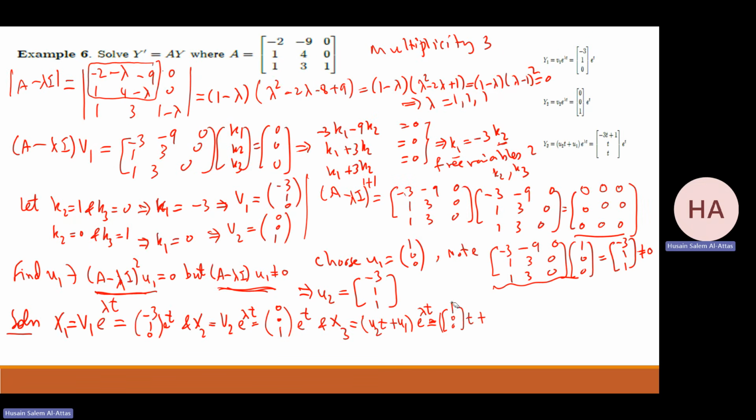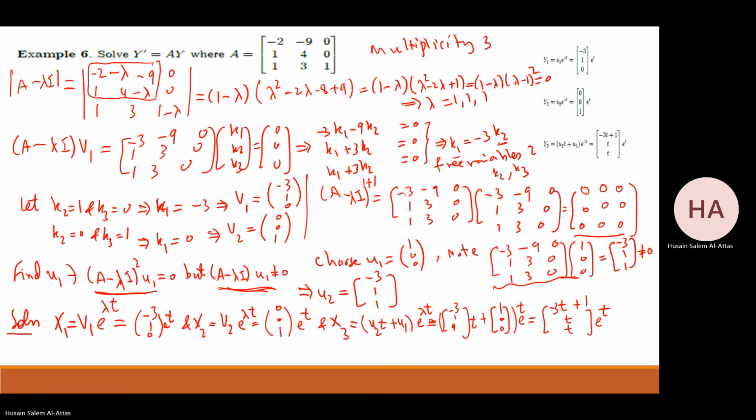Sorry, I start with U2, not with U1. U2, which is minus 3, 1, 1, times t, plus U1, which is 1, 0, 0, times e to the t. Lambda is 1. That will be minus 3t plus 1, t, t, e to the t.